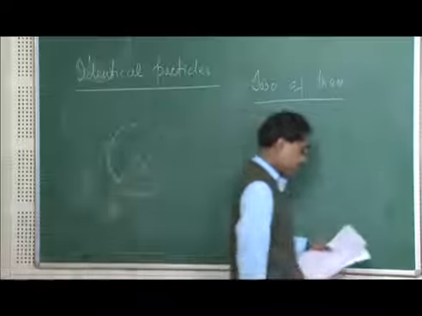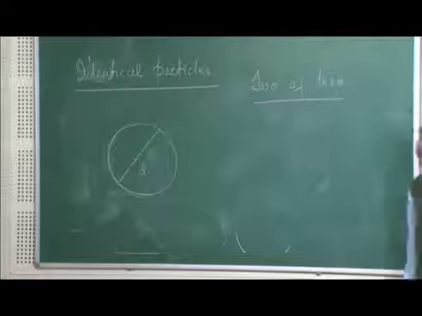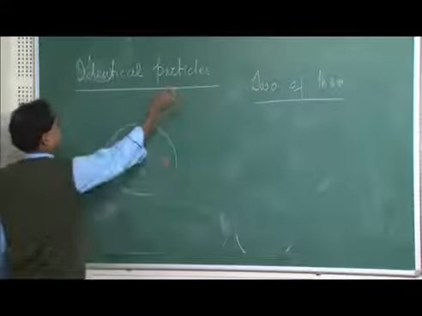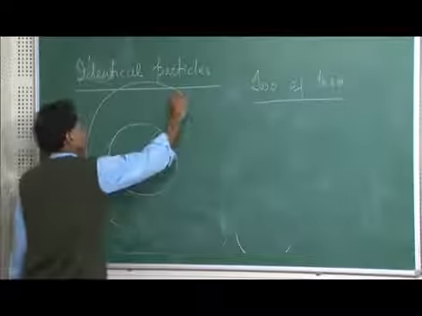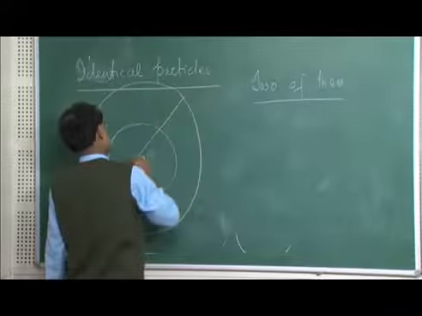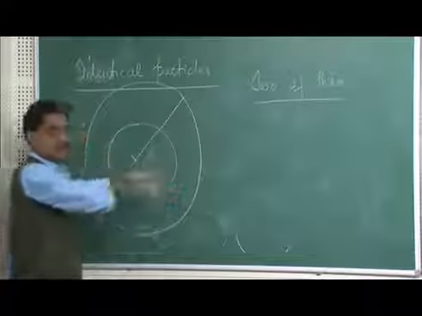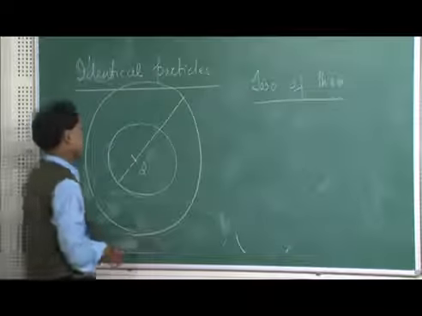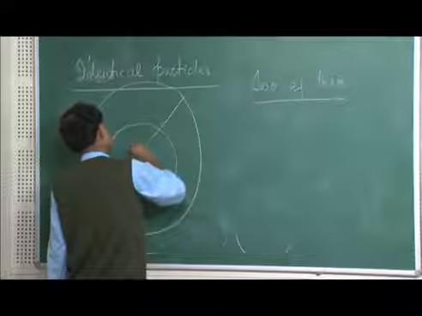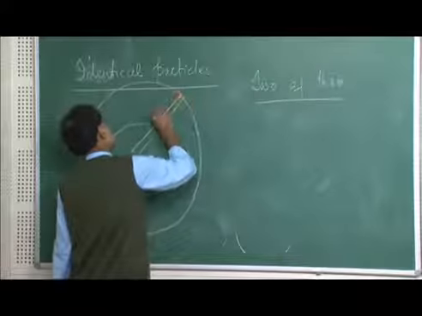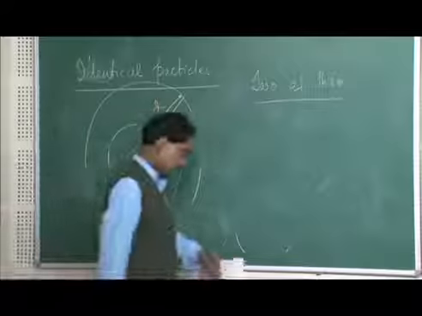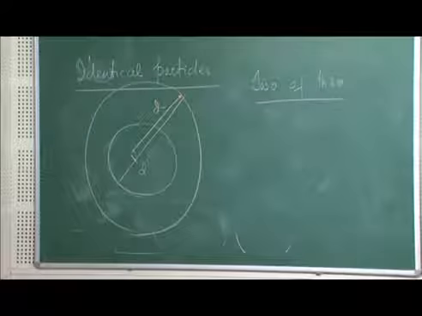Once I have this form, now I draw a bigger sphere as I did while I was deriving the mean free path. A concentric sphere which has a diameter 2d or has a radius d. Now, again recall the argument I gave while introducing mean free path.